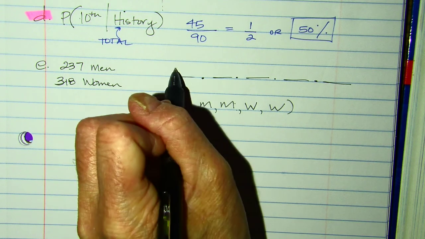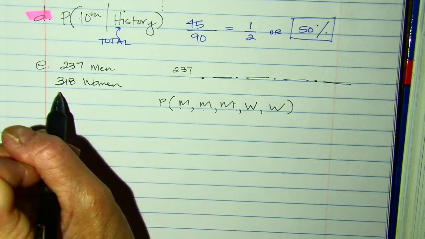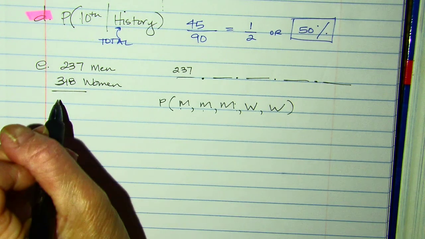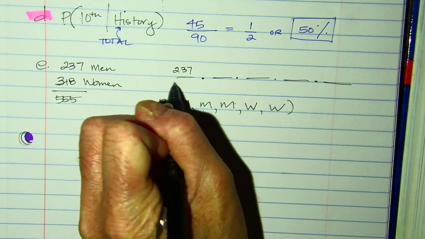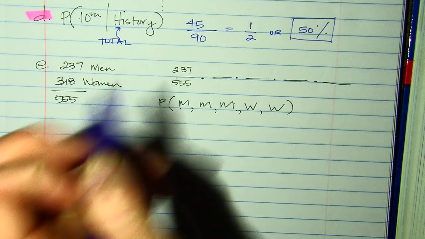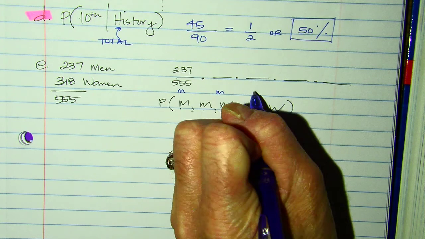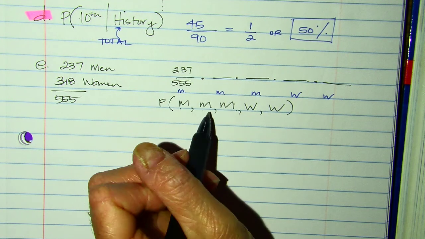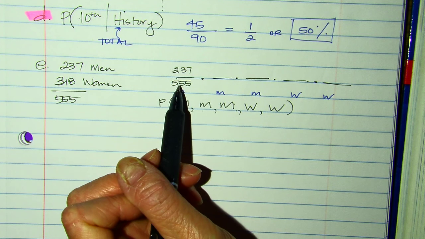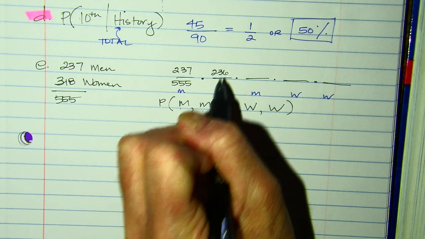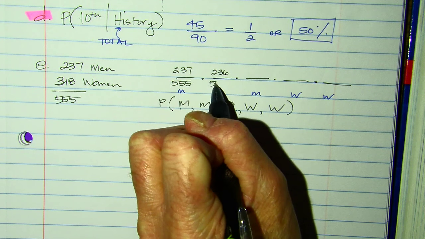So what's the probability the first 3 are men and the last 2 are women? Well, there are 237 men out of a total of 555. Times, so I have a man, man, man, woman, woman. So that's what they're asking. Now if I give a gift certificate to this first guy, how many guys left are to choose from? 236 out of 554.